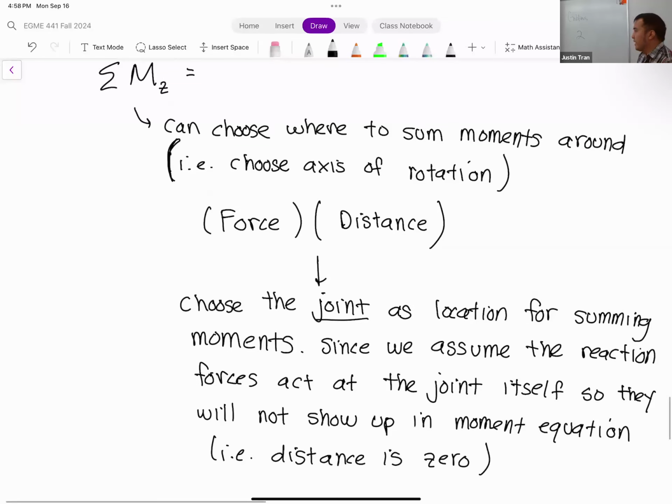And so that effectively eliminates two unknowns in your analysis, and you can solve the moment equation for just the muscle force. In fact, this is a strategy we're going to employ for almost every problem: start with the moment equation, use that to solve for the muscle force first, and then use that muscle force to solve for the joint reaction forces from the force equations.